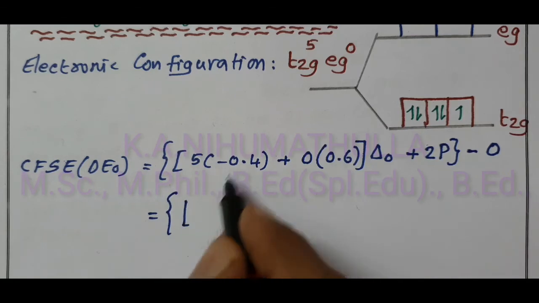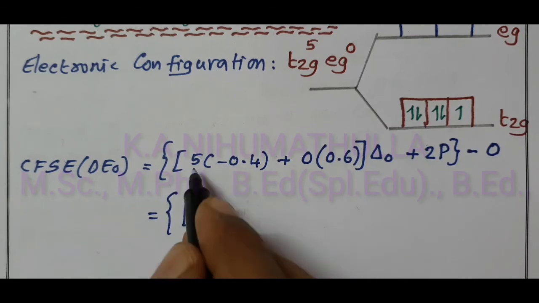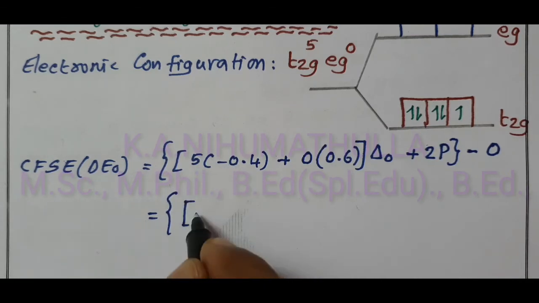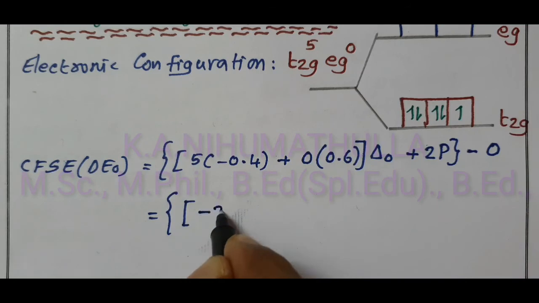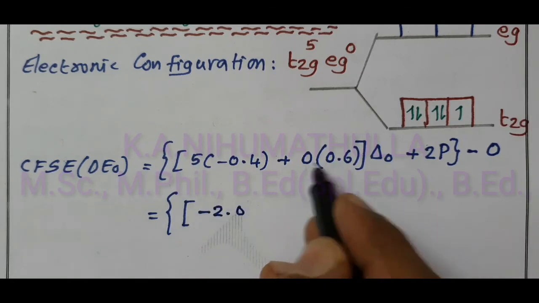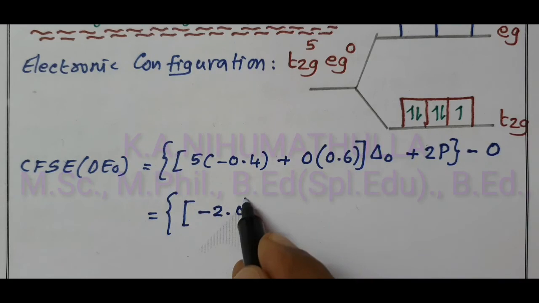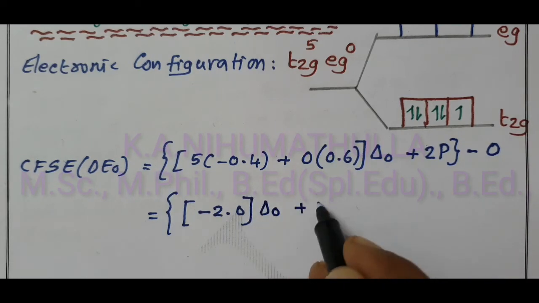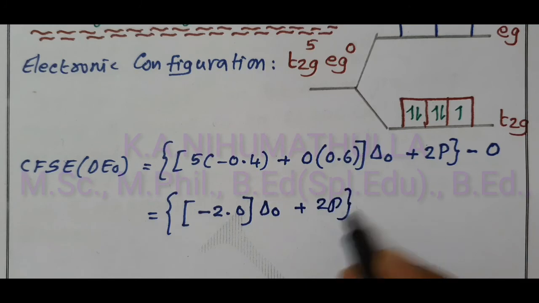Now, substitute the values: 5 into 0.4 means 5 into 4 is 20, minus 2.0, this becomes 0. Outside of the complex we have delta O, that is 1, 2 P, then that becomes 0.